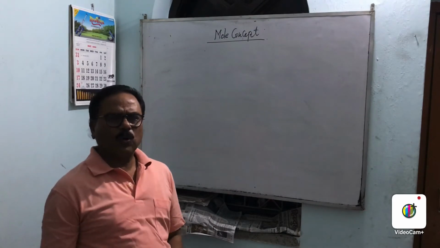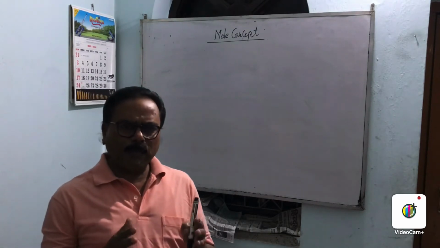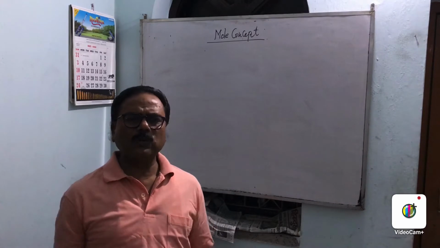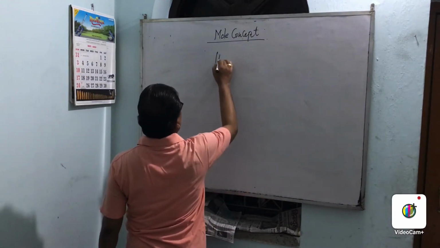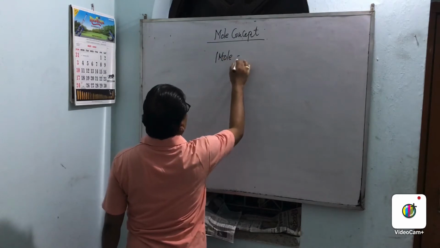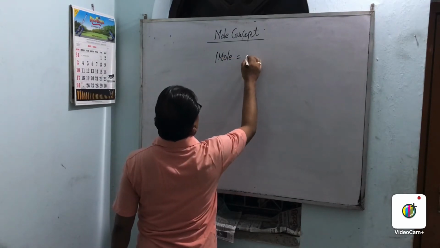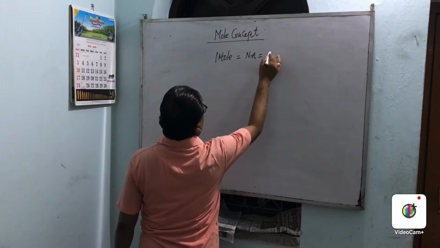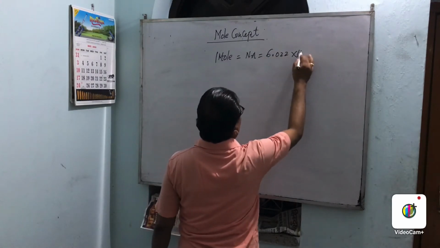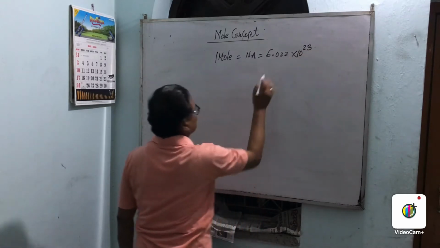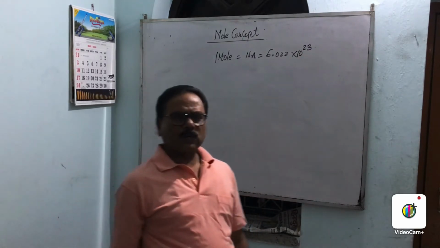So what is a mole? A mole is a group of particles which is equal to the Avogadro number. That is one group of particles. So simply we write 1 mole is equal to the Avogadro number, that is 6.022 into 10 to the power 23. This is called the Avogadro number.